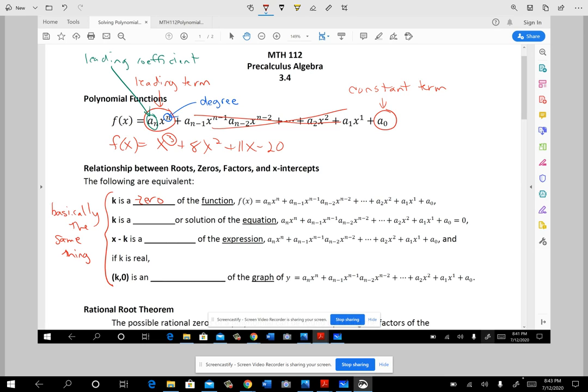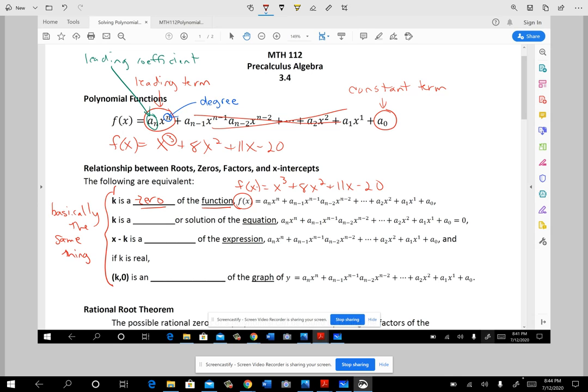We talk about some number like 1 being a 0 of a function. 0 goes with the word function. When you have function notation, that's when you use that language. And like for our example, we're going to do in a minute, that's the x to the third plus 8x squared plus 11x minus 20. And it's when I use the f of x equals that I use the language 0, okay?